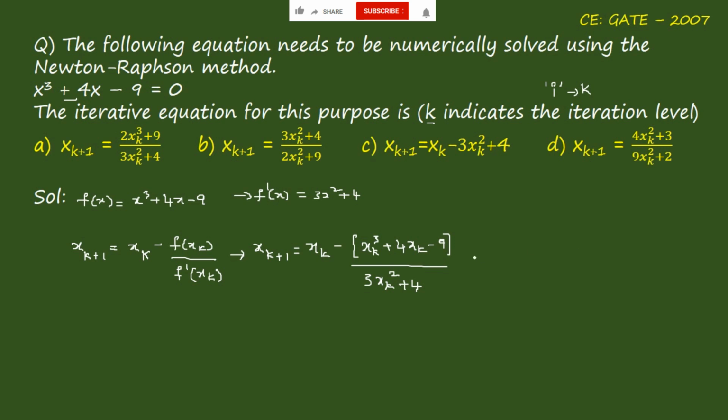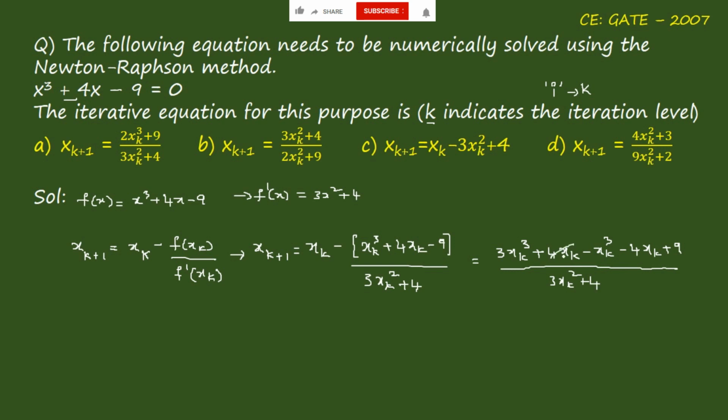So now just take an LCM. So it becomes 3x of k cube plus 4x of k. Remove the brackets and take the minus inside. Then it becomes minus x of k cube minus 4x of k plus 9, whole divided by 3x of k square plus 4.